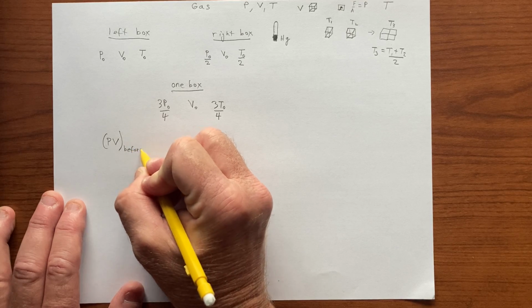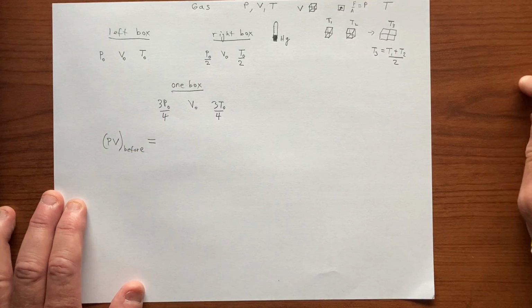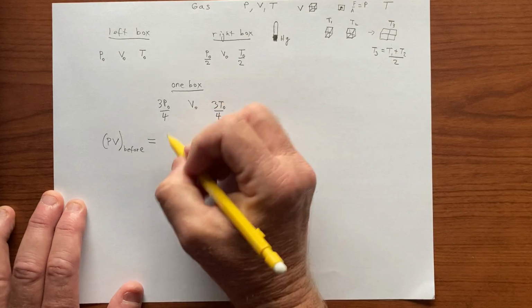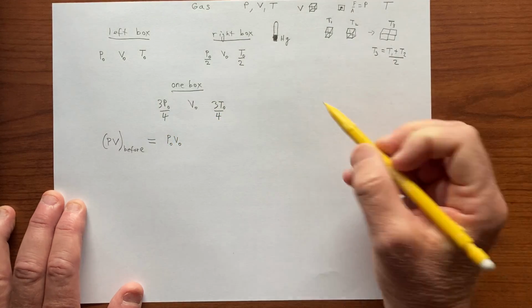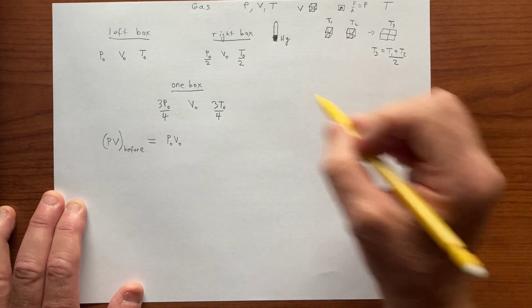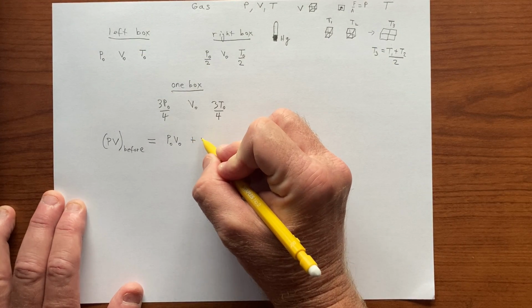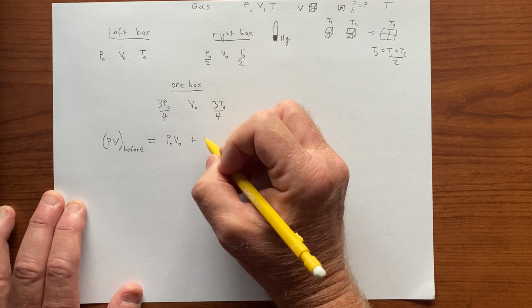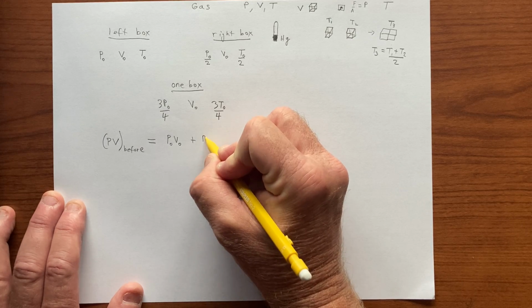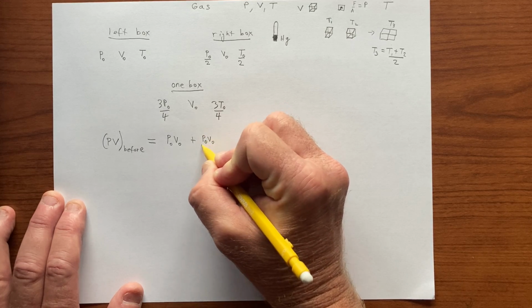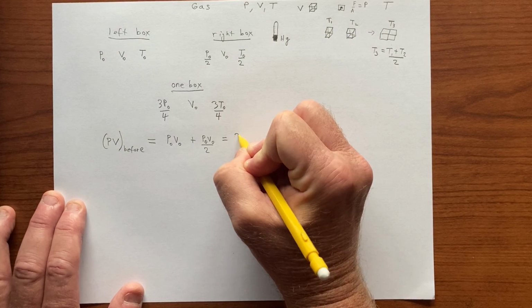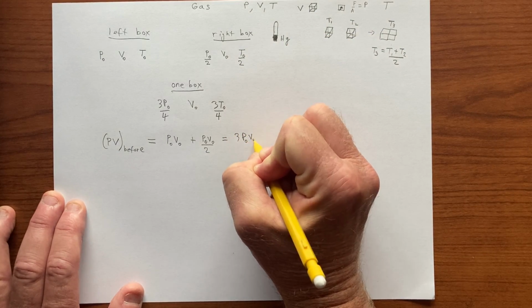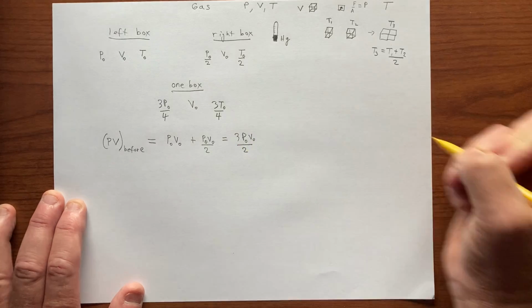it for the values before we put the boxes into contact, we get P naught V naught for this one, and for this one we get P naught V naught over 2, and that gives us 3 P naught V naught over 2.